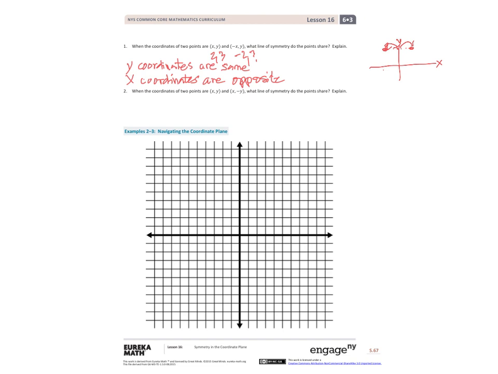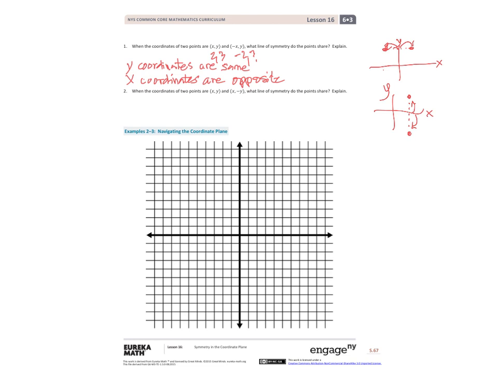So, okay. When the coordinates of 2 points are x, y and x, negative y, what line of symmetry do those points share? Here's my x, here's my y. They share the x-axis because they're equidistant. They just go in opposite directions, right?